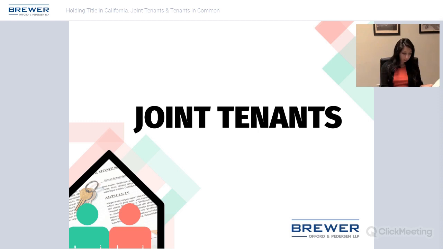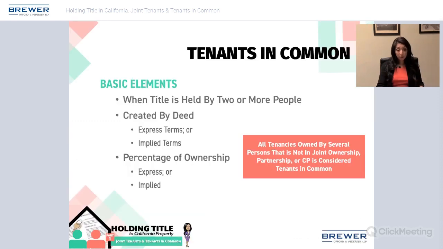Let's see. Oh, actually, let me go back real quick. In addition to interest, the percentage of ownership, I also want to talk about possession. Apologies for moving on too quickly.